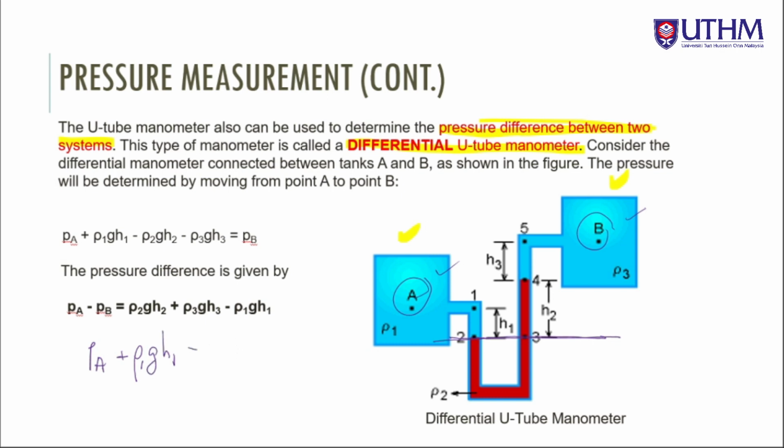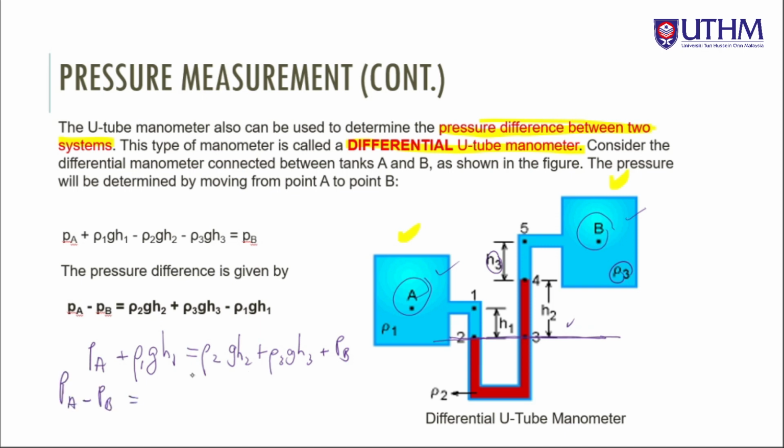Okay, equal to, kita ada apa kat belah kanan ni, kita ada rho 2 GH2 plus kita ada yang ni pula kan, yang ni kita guna rho 3 GH3 plus PB.